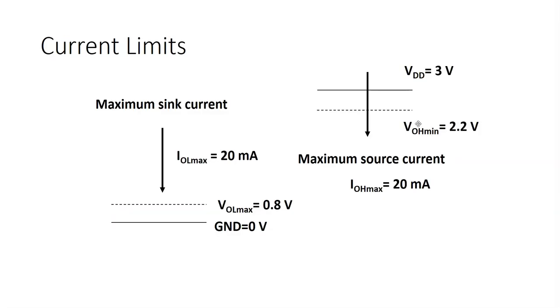Okay, so now let's talk about a couple key limitations for microcontrollers input-output, and specifically the MSP432 limitations. Each of the GPIO pins has a limit on how much current can be sunk or sourced from that pin.